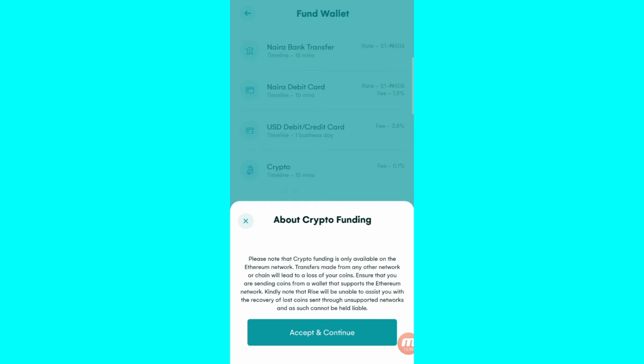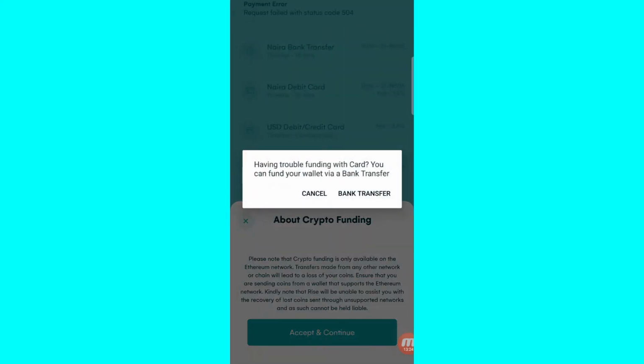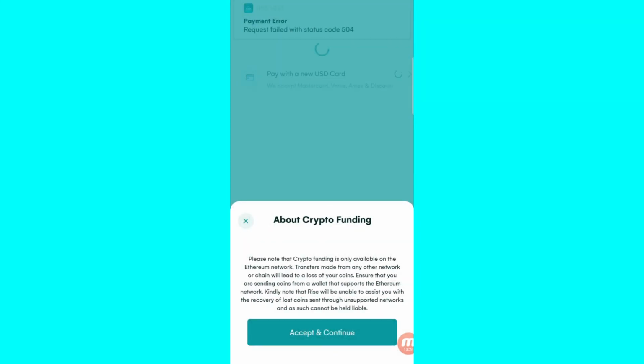Ensure that you are sending coins from a wallet that supports the Ethereum network. Kindly note that Rise will be unable to assist you with the recovery of lost coins sent through unsupported networks, and as such cannot be held liable. This is very important to note. If you want to fund in crypto, you have to do this.